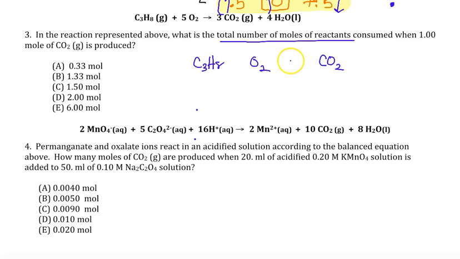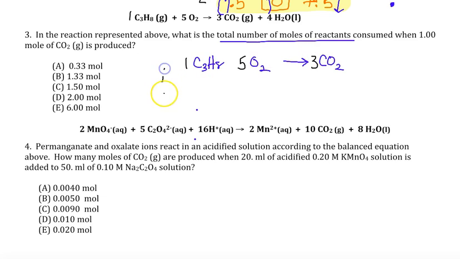I don't need water in this case, right? It's a relationship between the mole fractions or the mole relationships in front. So there's 1 here, there's 5 here, and there's 3 here. Okay, I don't need water to do this.